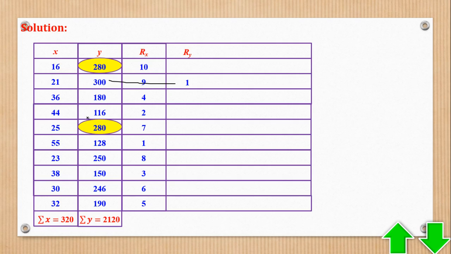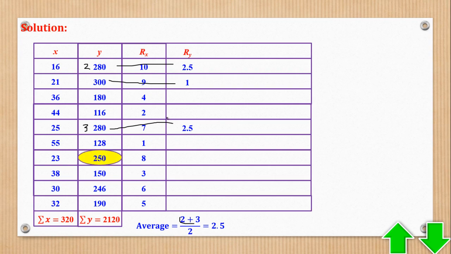So would-be means if they were different, one would take position 2, another one would take position 3. But because they're identical, we shall take the average of 2 and 3, which is 2.5. So this will get 2.5, and this will also get 2.5.